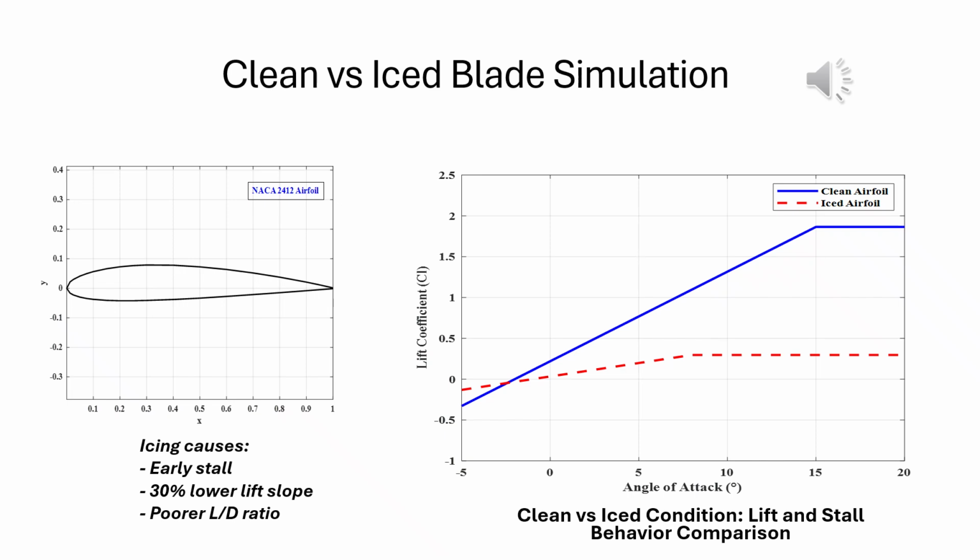This indicates that even a thin ice layer significantly alters the pressure distribution and flow separation over the blade, making it unstable. The simulation reinforces the idea that icing is not just a minor inconvenience, it is a major aerodynamic disruptor that degrades performance across the entire wind speed range.